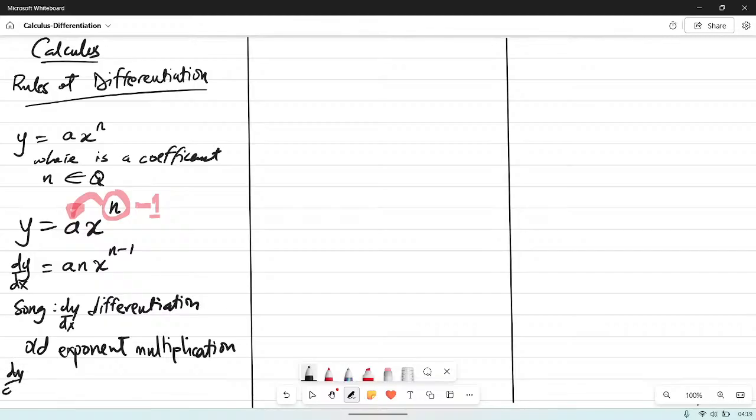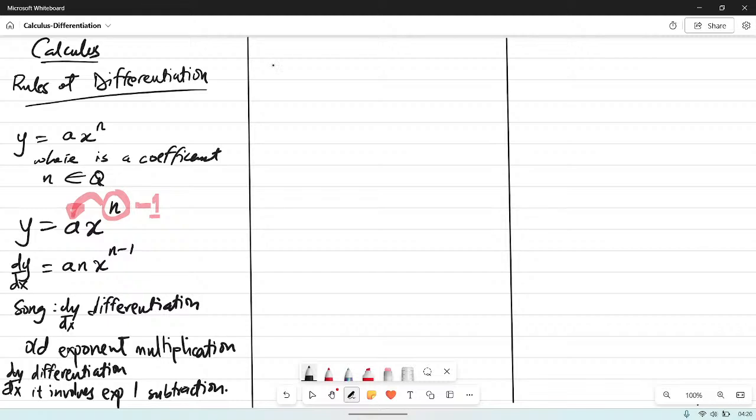The dy/dx differentiation involves exponent 1 subtraction. Are we okay? So this is the whole idea.